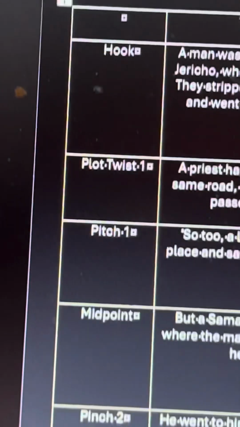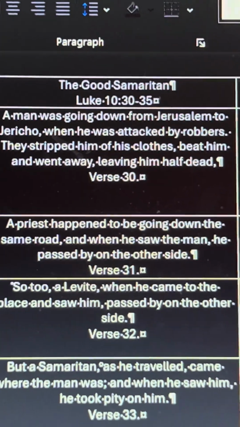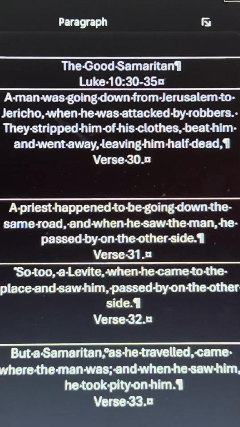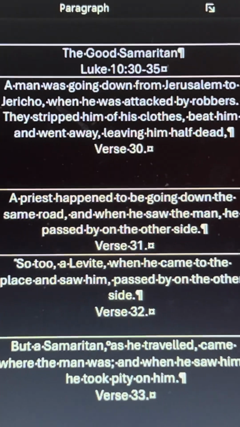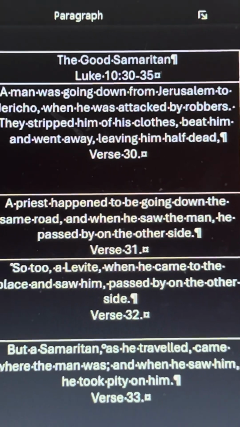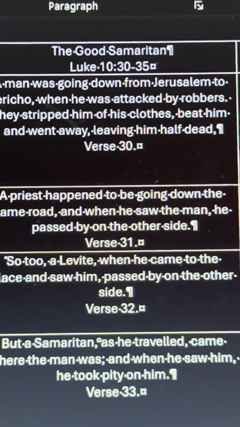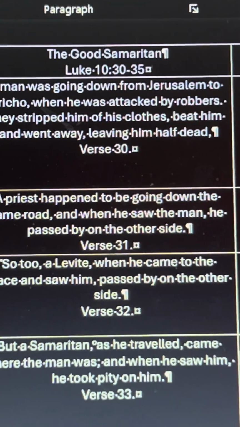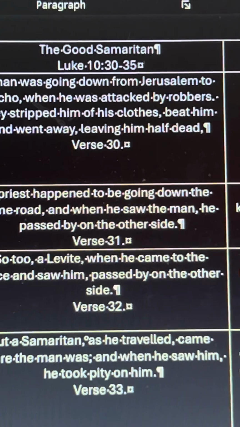Okay, so now we're going to go to the Good Samaritan. I've taken the actual Bible reading of the Good Samaritan from Luke 10 verses 30 to 35. The Good Samaritan is also in Matthew.